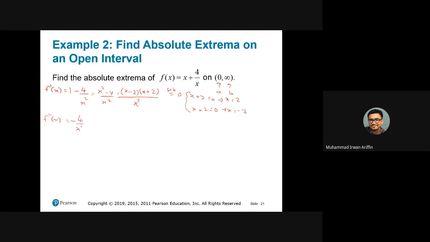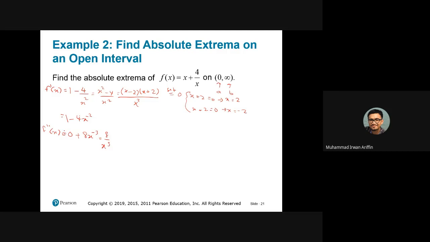Let me just rewrite this. The first derivative is basically 4x to the negative 2, right? So the second derivative gives us 0 minus negative 4 multiplied by negative 2, plus 8 x to the power of negative 3. So we have 8 over x to the power of 3.